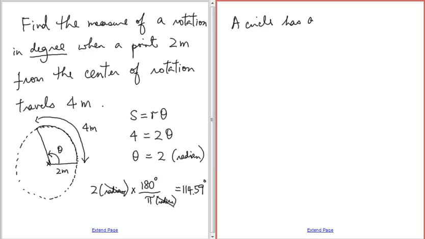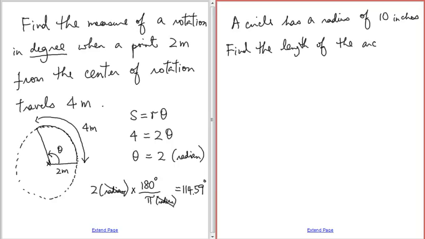A circle has a radius of 10 inches. Find the length of the arc intercepted by a central angle of 120 degrees.